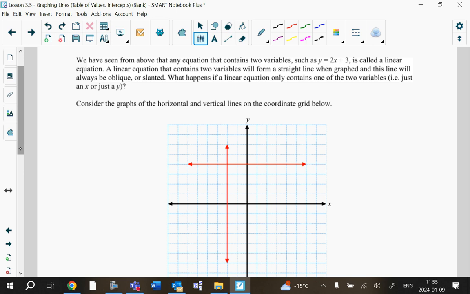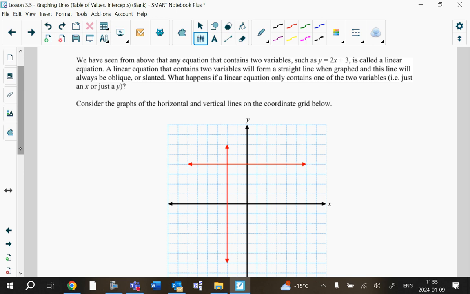There are 2 other types of lines besides slanted ones, which in fancy math terms we call oblique lines. There are horizontal and there are vertical. We found that out when we were doing slope. Each of those also has an equation.